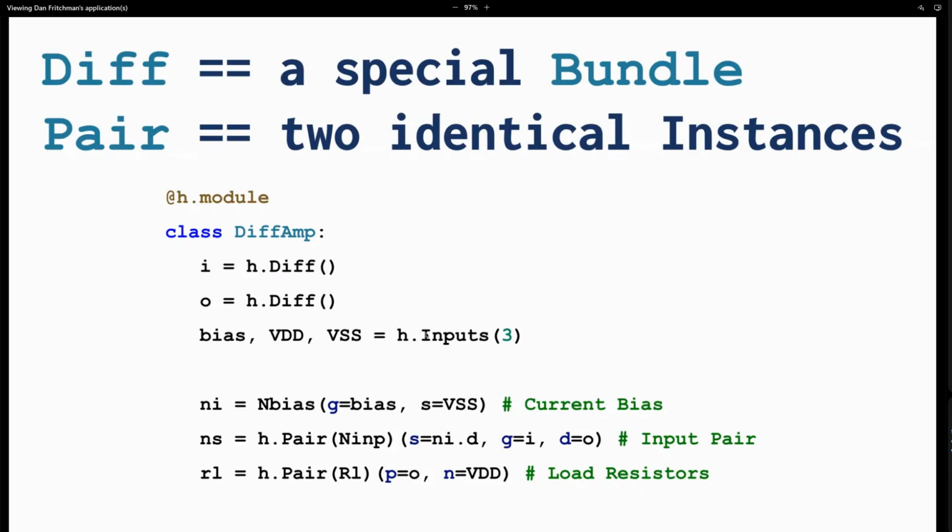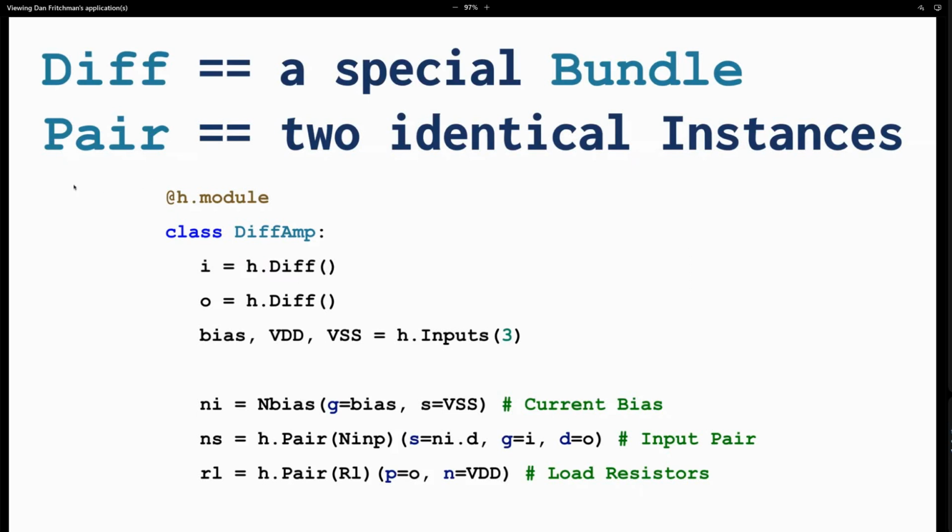The most prominent one is just a differential pair, right? This one is so prominent, in fact, that it's built into the library. It's two signals, P and N. And there's some more infrastructure built in around them, particularly since what you commonly do with differential signals is hook them up to differential hardware.